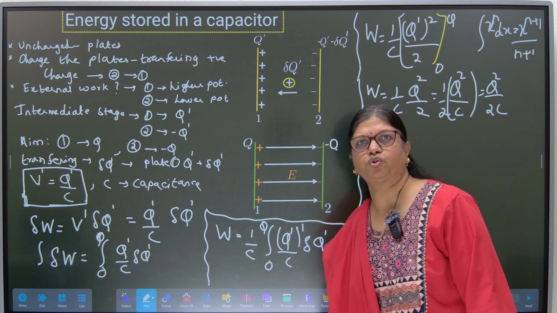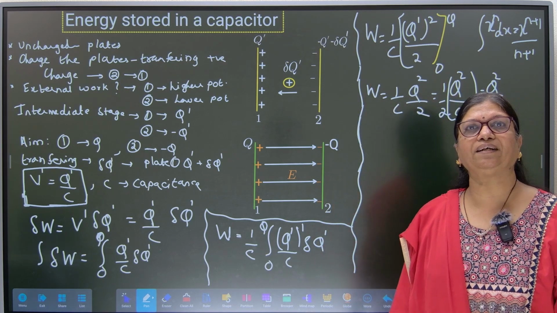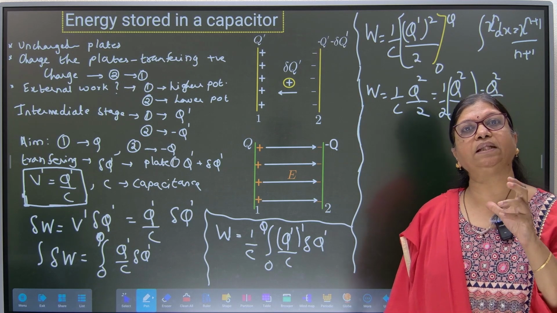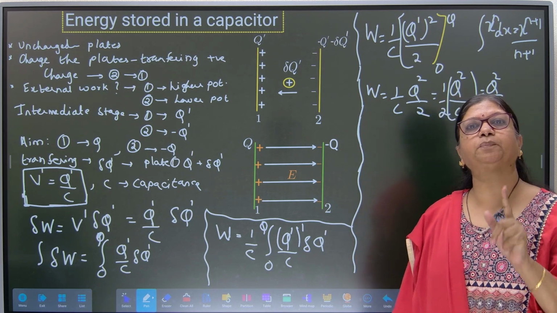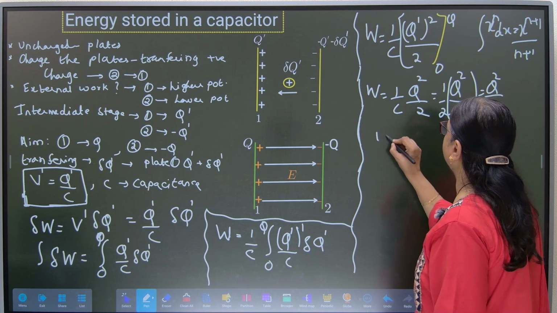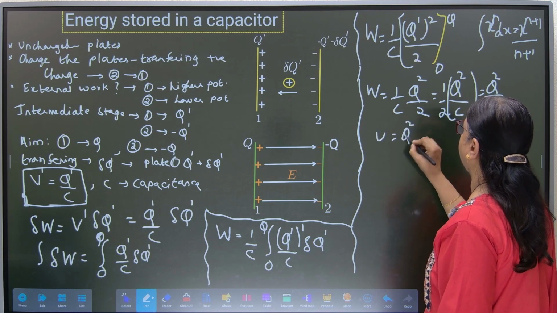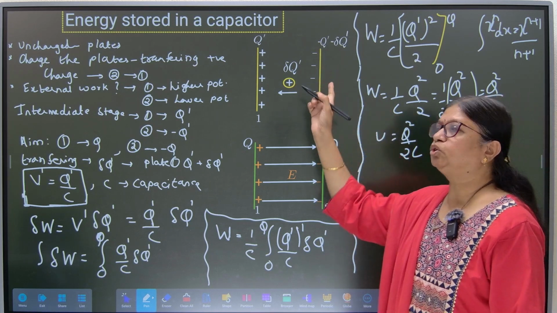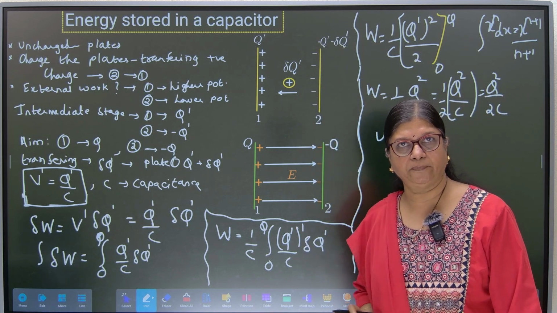However is convenient to you, you shall write down the formula of work done, which is stored in the capacitor as potential energy. So this is U is equal to Q square upon 2C, the potential energy stored in the capacitor.